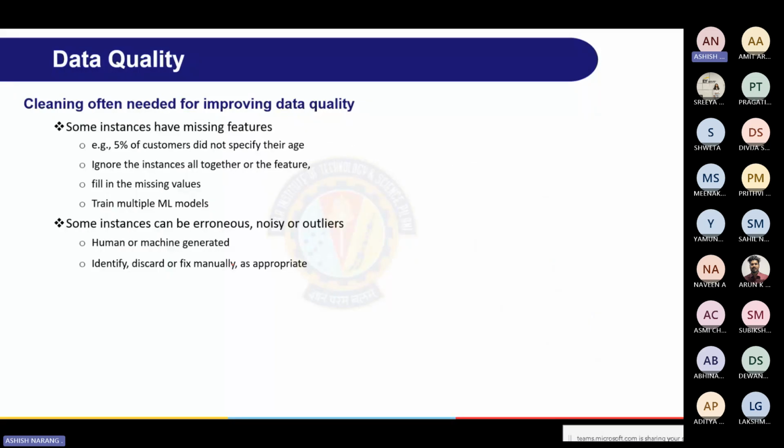Another issue we talked about is data quality, right? Of course, many real life data sets suffer from quality issues. Quality in terms of, maybe, missing values in the data set.